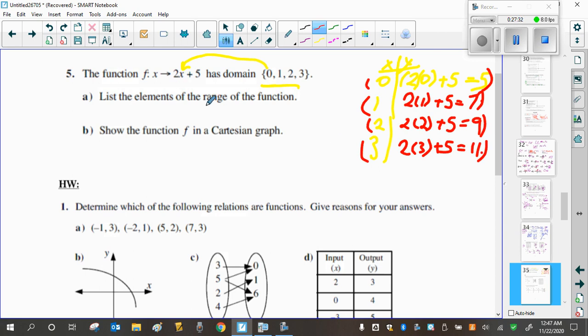So the range elements are the y's. What are the outputs? So 5, 7, 9, 11. Show it on the graph? I don't want to. Let's just show it as ordered pairs.